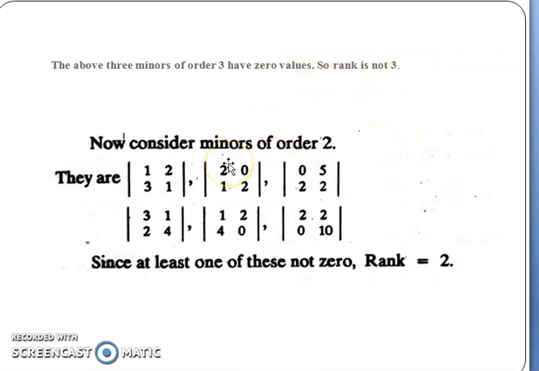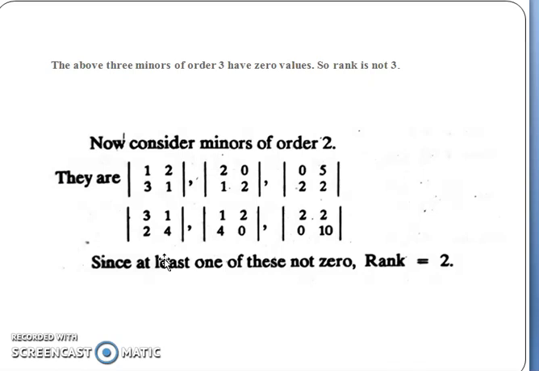There are minors 1 2, 3 1; 2 0, 1 2; 0 5, 2 2; 3 1, 2 4; 1 2, 2 4; 0 2, 2 0; and 2 2, 0 10. Since at least one of these is not 0, the rank is equal to 2.